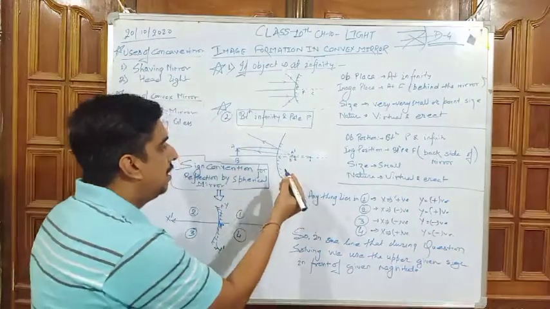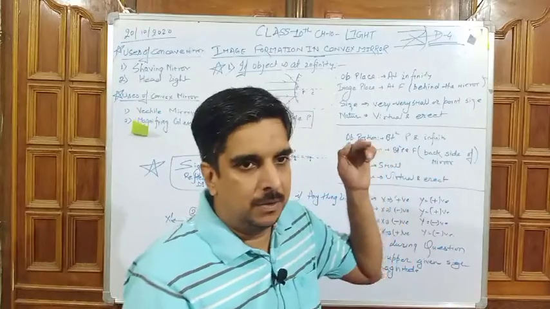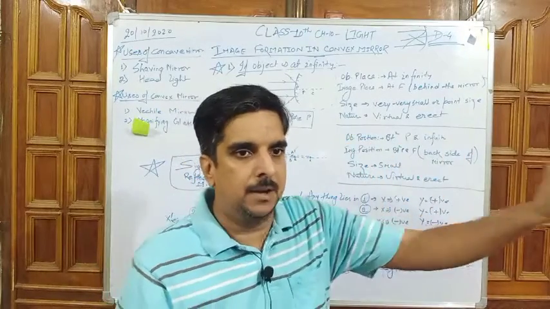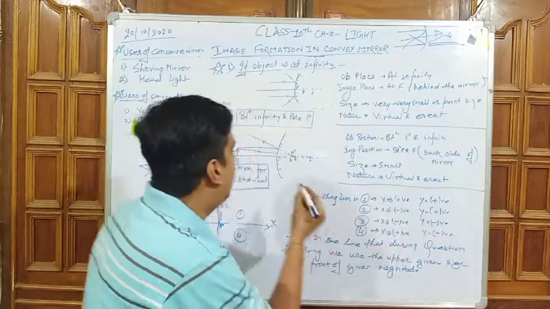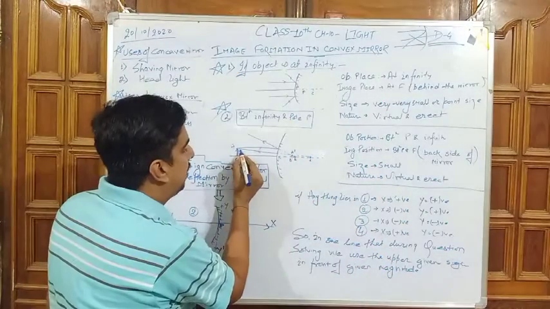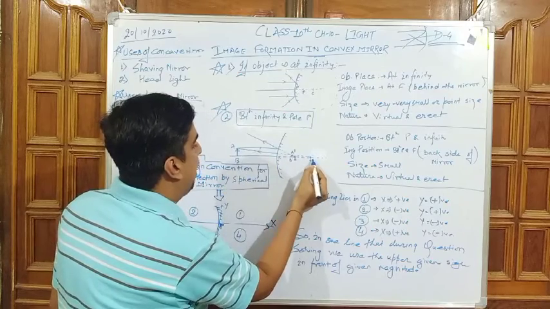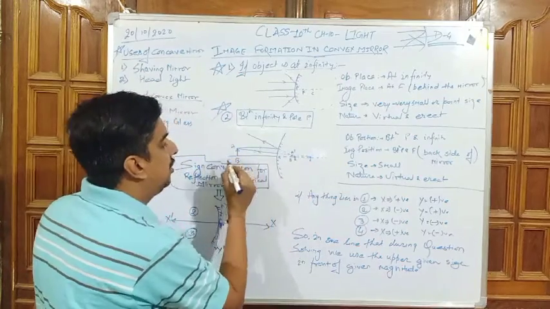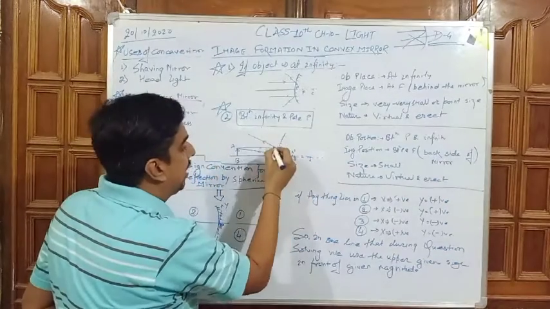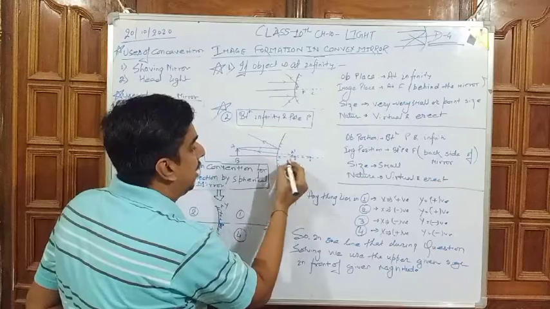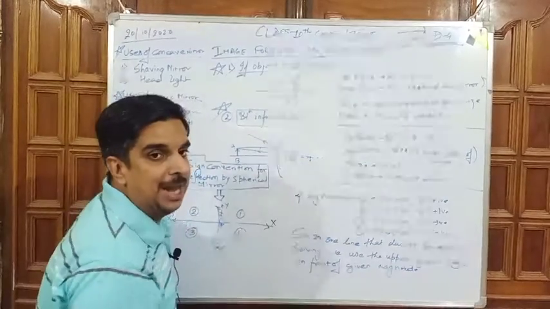Now according to the light reflection law, the line which goes toward C will bounce back along C. It moves from A to C and moves back from C to A. Here we can find that the reflected ray and that AC ray will intersect each other between P and F.